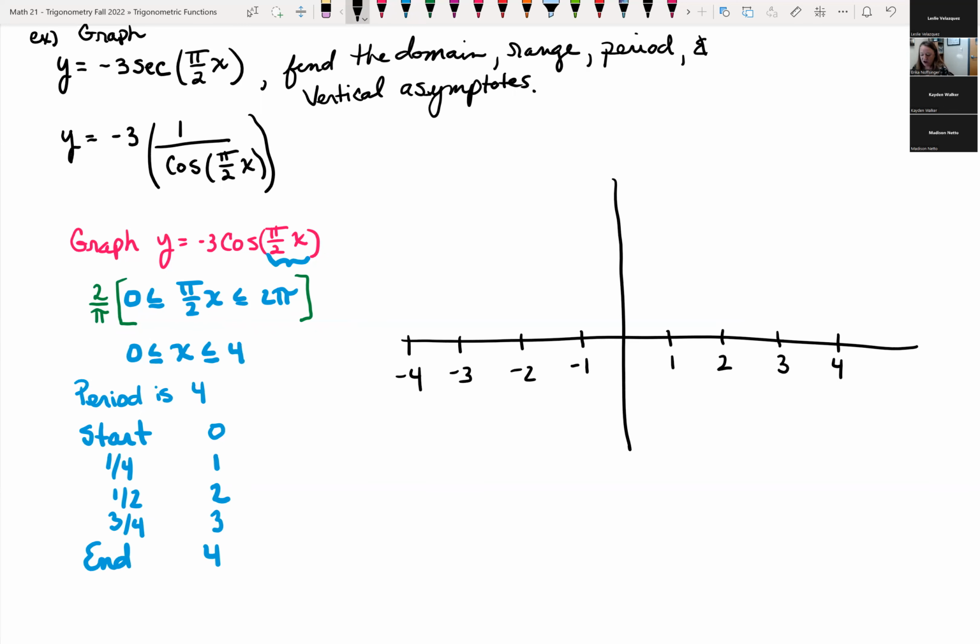So normally our cosine function starts at 1, but we have some effect here by this -3. Going back to the amplitude of cosine of x and sine of x, that was the absolute value of the coefficient in front of what we were multiplying cosine or sine by.